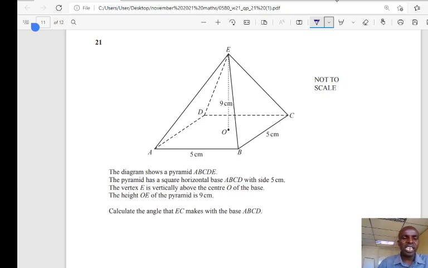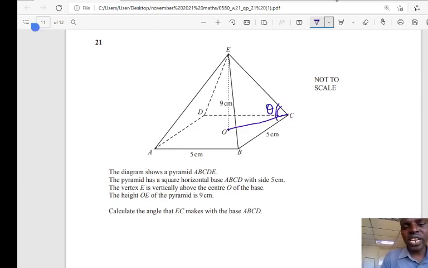That's vertical. Then the height OE of the pyramid is 9 centimeters. Calculate the angle that EC makes with the base ABCD. EC makes with the base this angle, which I can call theta here.